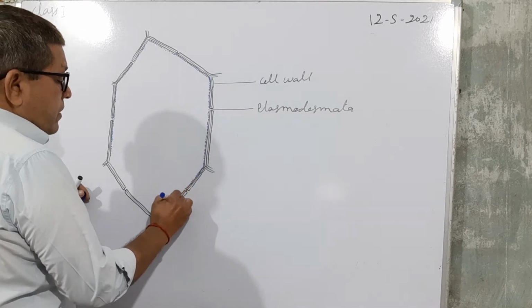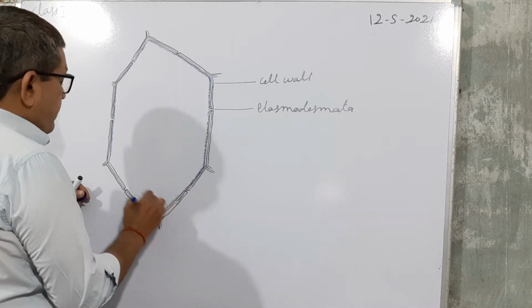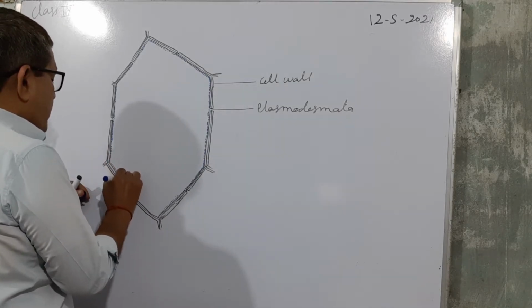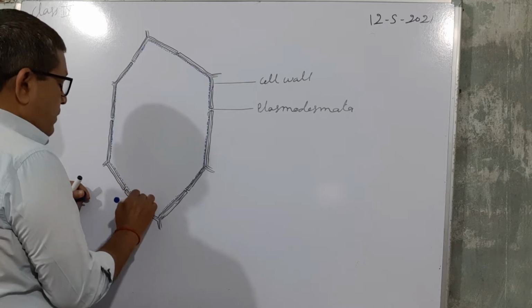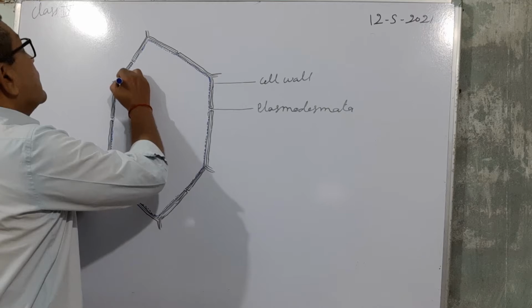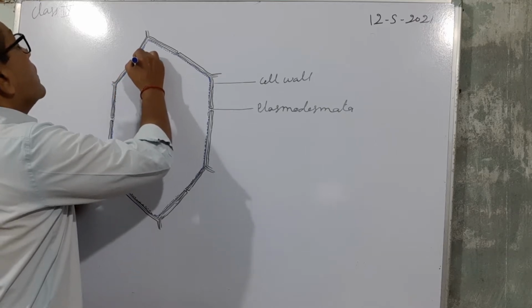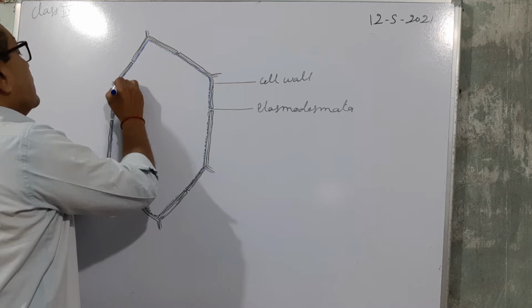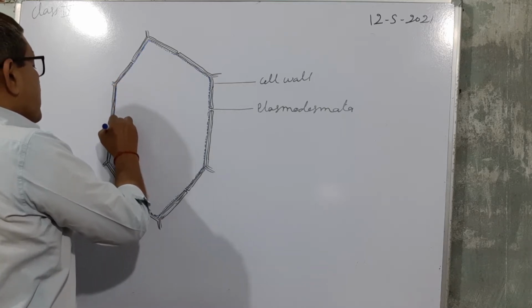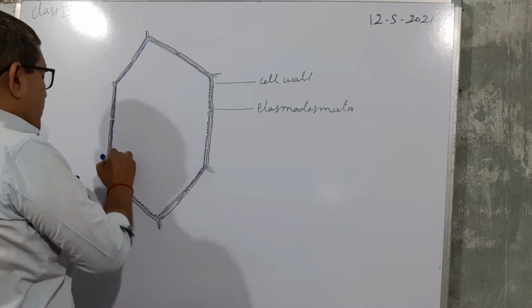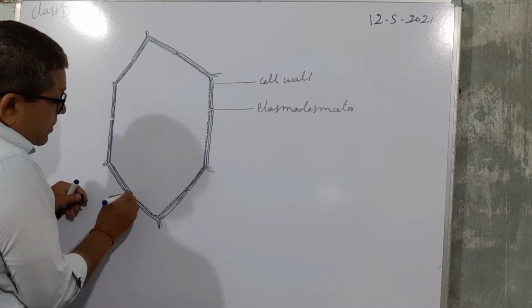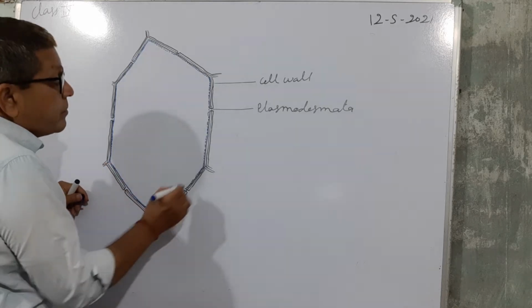After the cell wall, which is blue in color, you can see this is the plasma membrane.